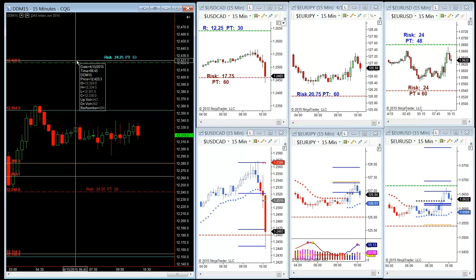You remember our original straddle on the USD Canadian? It got filled on both sides. On a rate announcement, you could get a wide bar up and a wide bar down.